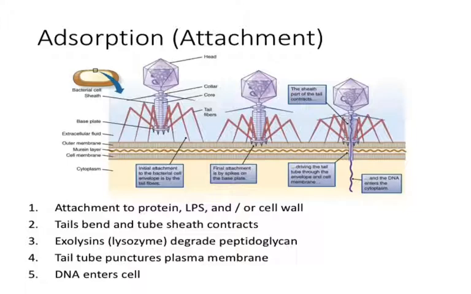At that point, the tail begins to shorten in length, and as it shortens, it allows the inner sheath to protrude through the outer membrane. It somehow makes it through the peptidoglycan, and then it gets to the inner membrane. It creates a conduit to allow the genomic material to essentially diffuse out from the head.